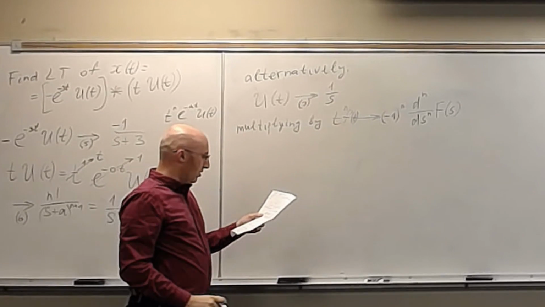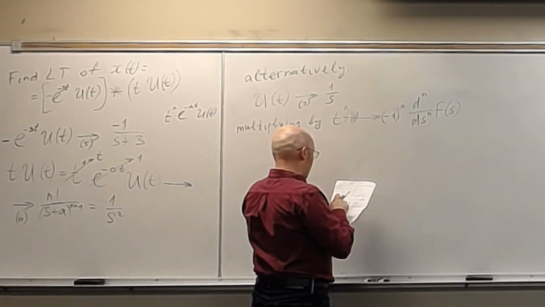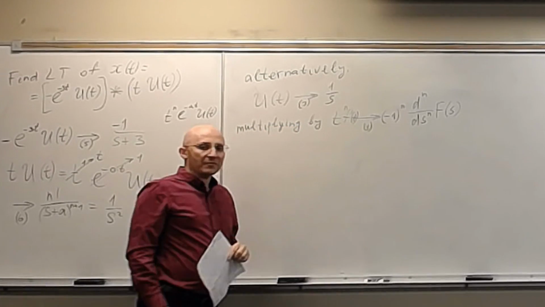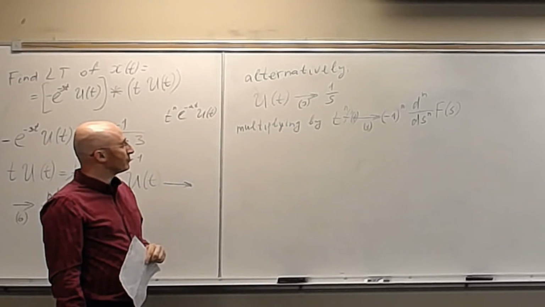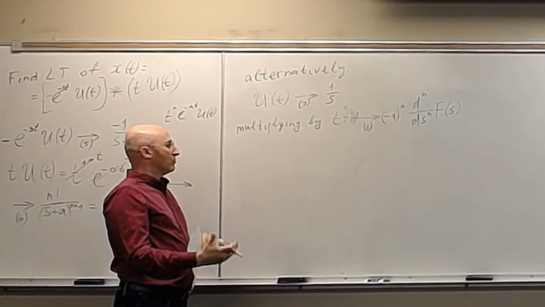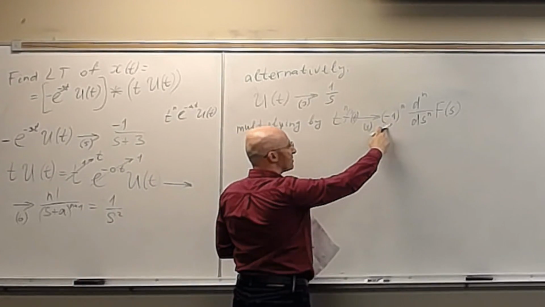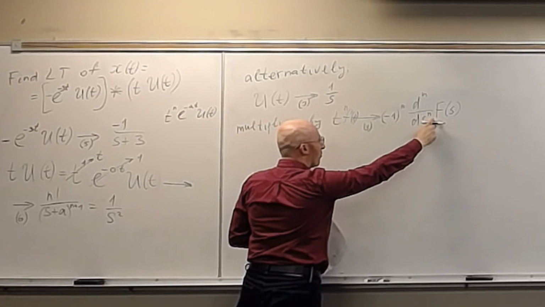And this is formula number 4 in the properties. Now, obviously, t to the power of 1 will give us minus the derivative of F(s).